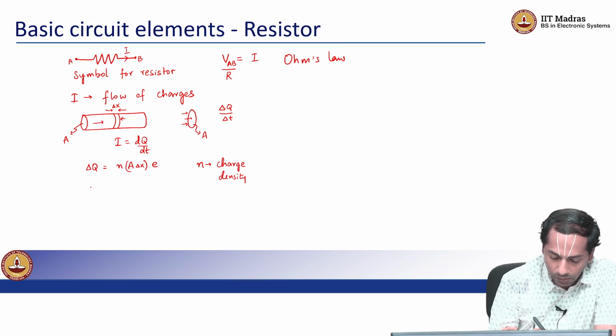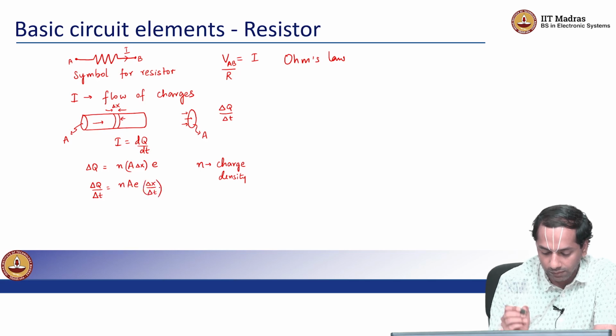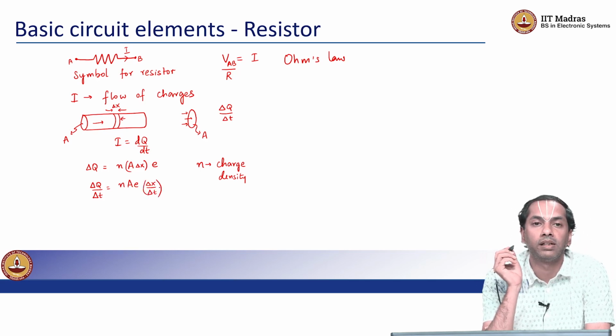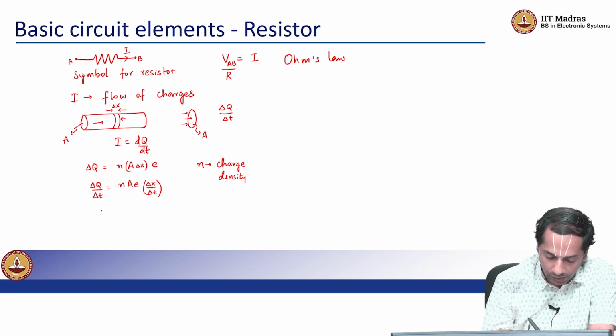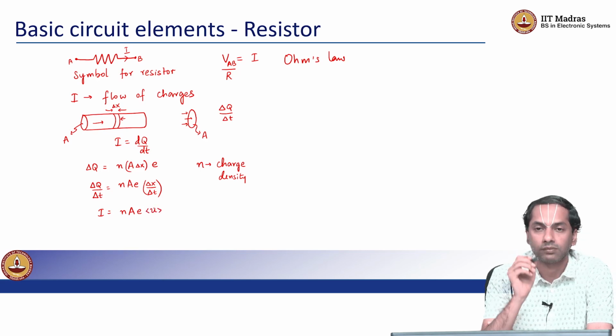So, if I were to divide by dt on both sides, I essentially get the relationship that I is n A e times <u>.